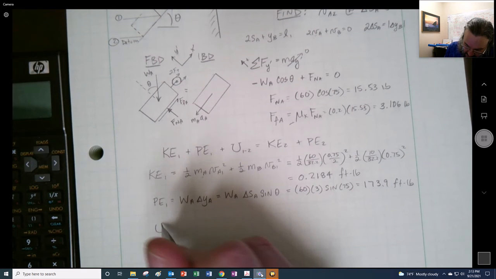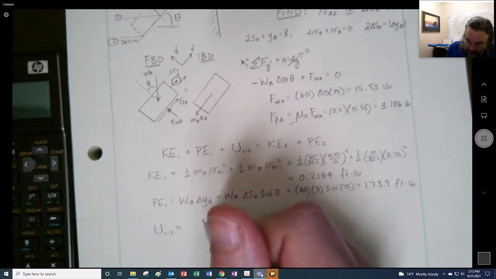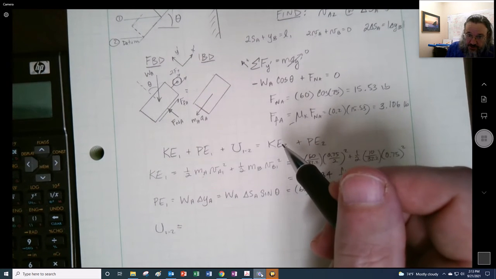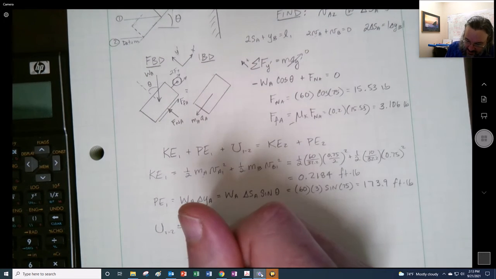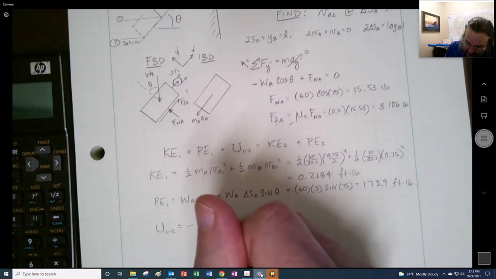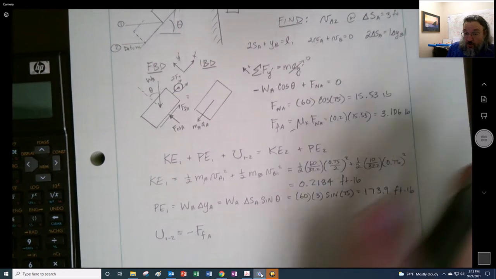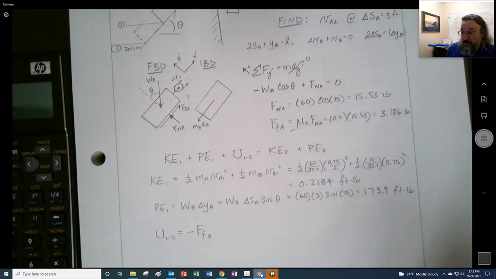We have to look at U1 to 2. The only external forces that are acting on this are friction, and they're negative. Why is it negative, you ask? Well, for one concept, energy is being robbed from the system by way of friction.